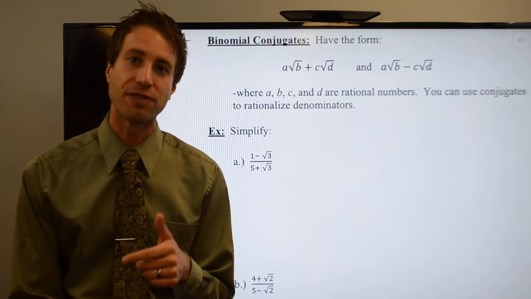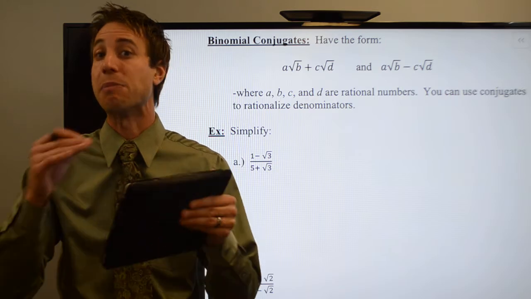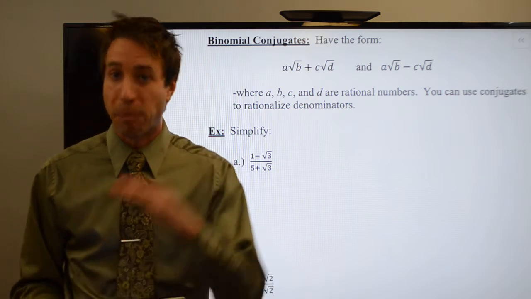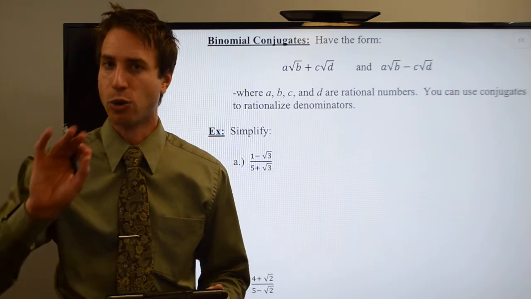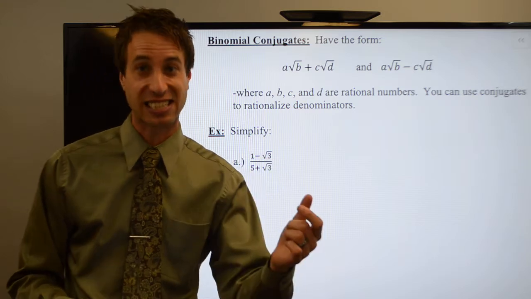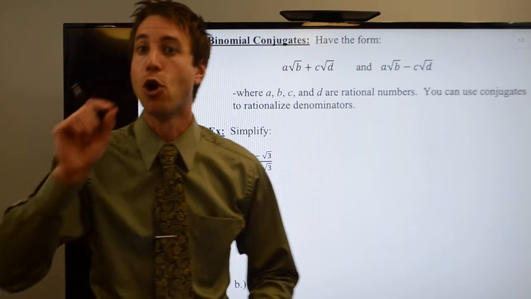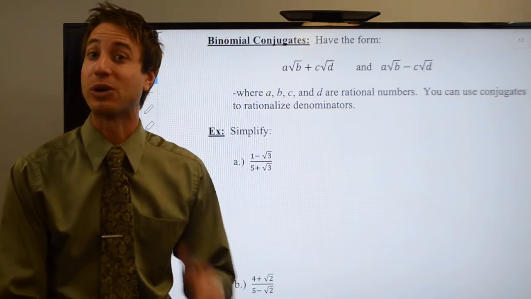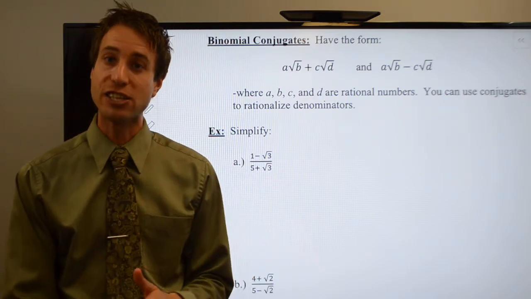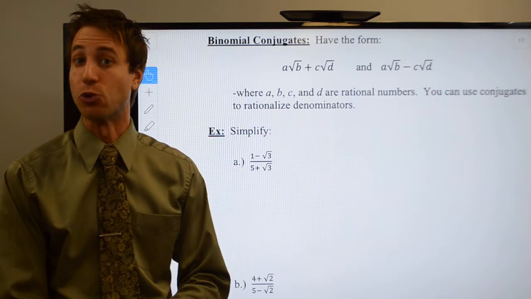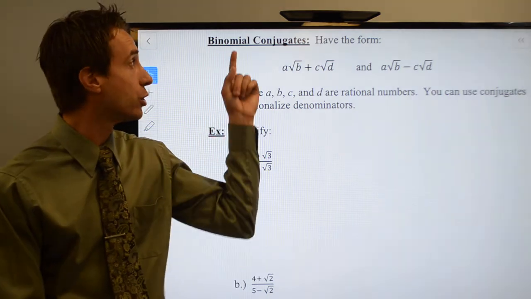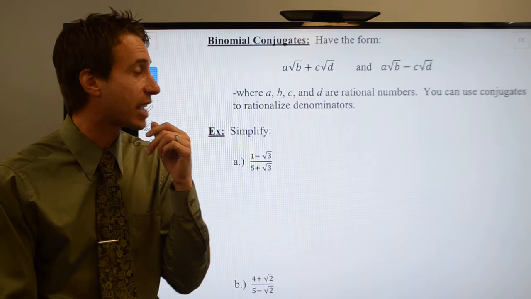It turned out that division of complex numbers was simply multiplication by the complex conjugate, which just meant you change the sign of the complex number and multiply top and bottom by that. We're going to use the exact same principle here when doing division of nth degree radicals, so what you're going to do is use binomial conjugates.